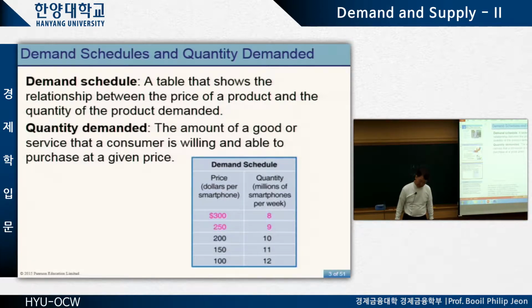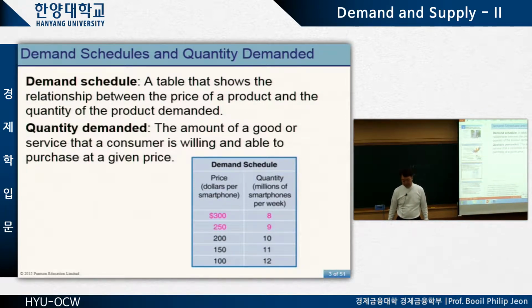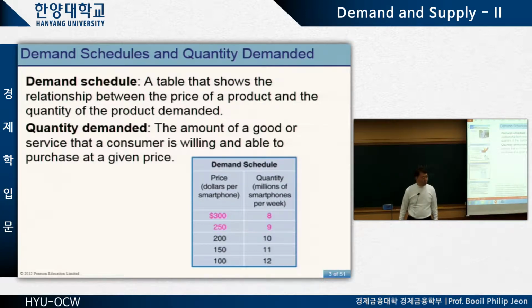Okay, so we'll have to first learn a few terminologies. What we call a demand schedule is basically a table which shows the relationship between prices and quantity demanded. In this table we have the price of smartphones, and on the right-hand side we have quantities demanded.